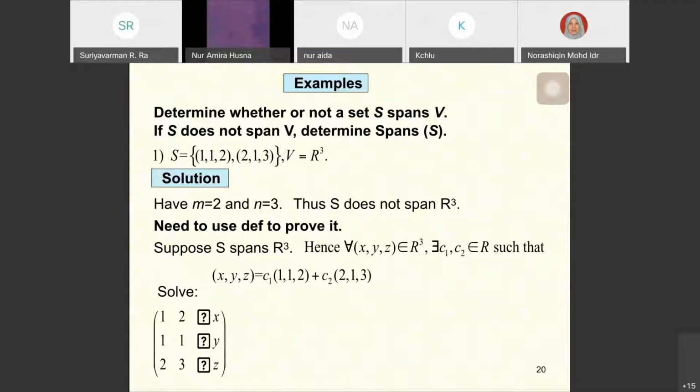Okay, as usual, I use that operation. Okay, please check.